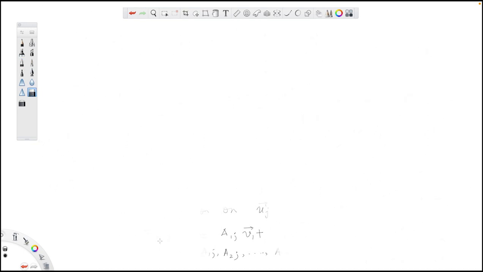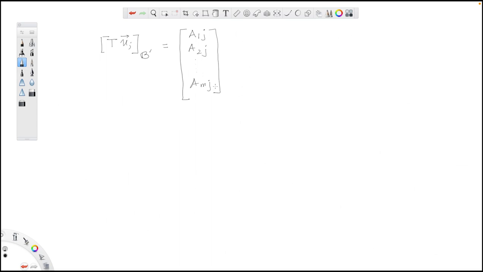Let me write it using coordinate matrix. So we have seen that if I pick up one of these n vectors Tuj and I express Tuj in the basis B prime, then the coordinate matrix of this vector Tuj is going to be a1j, a2j, all the way down to amj, right?